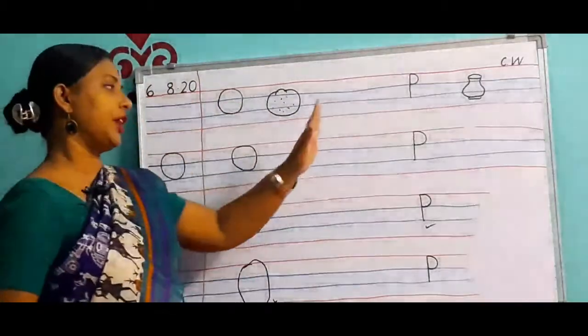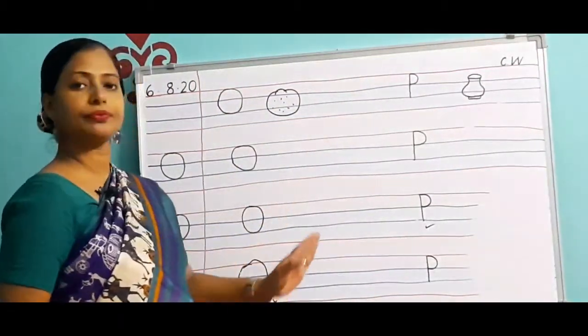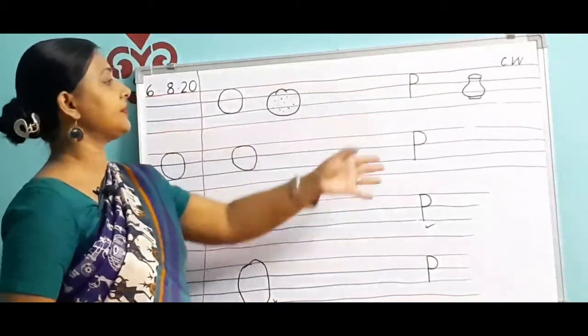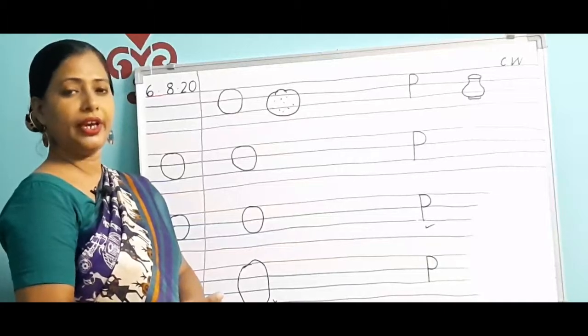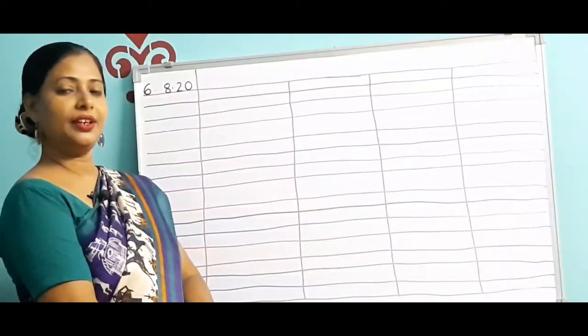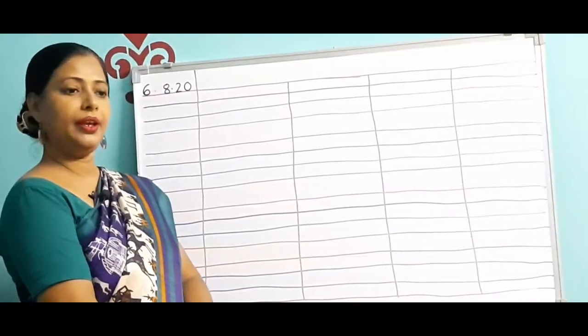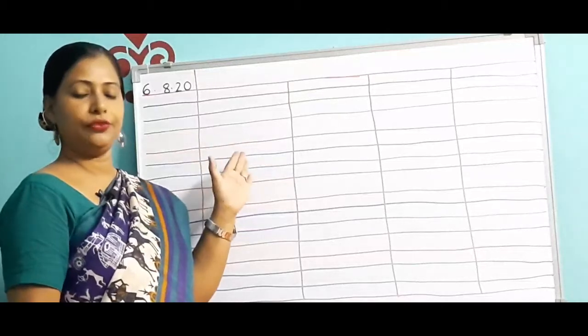So have you got it? Have you understood? This way you are going to do this classwork in your copy, and I will be sending you the PPT. So everyone be careful. Children, O and P you will do as classwork, and now I am going to give you the homework.